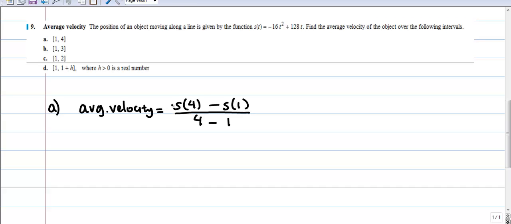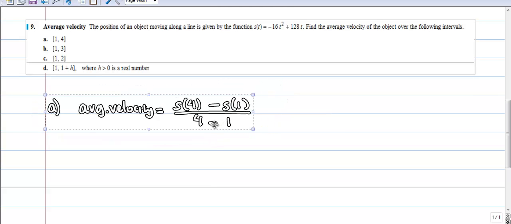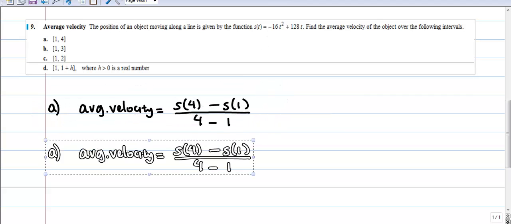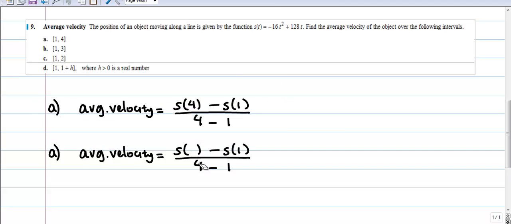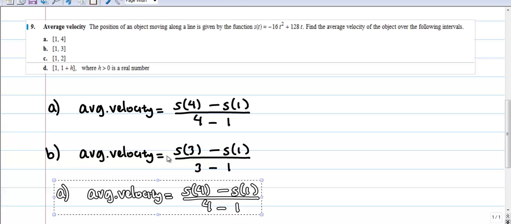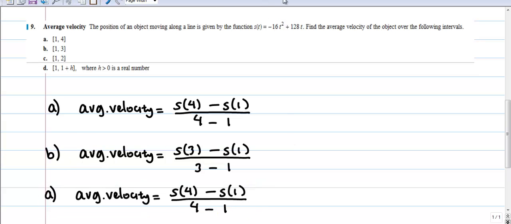This will be the same for all of them, except for the last one. So for B, the only difference is I'm going to be plugging in a 3. And then for C, I'm going to be plugging in a 2.